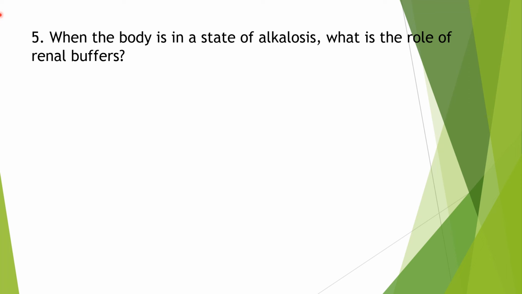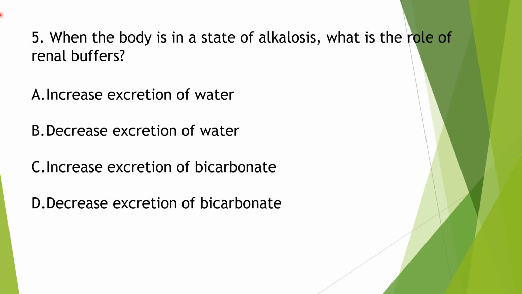If you are looking at the bicarbonate system, it is regulated by the kidneys. When we evaluate the bicarbonate concentration and see that it is more than 26 milliequivalents per liter, alkalosis happens and kidneys try to remove it. So let's see the options.